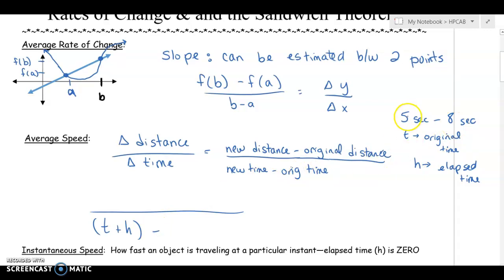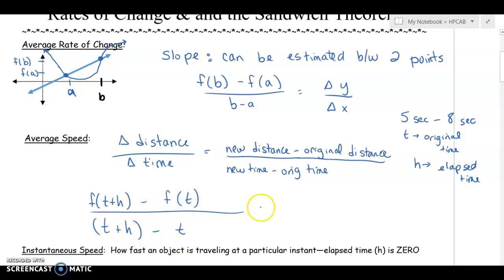Minus the original time, which is t. And then in the numerator, the new distance would be f of t plus h, basically f of your new time, minus the original distance, which would be f of t.